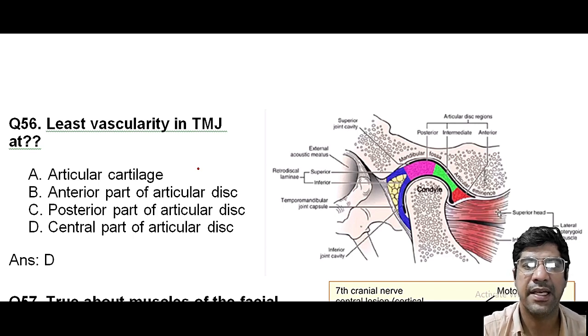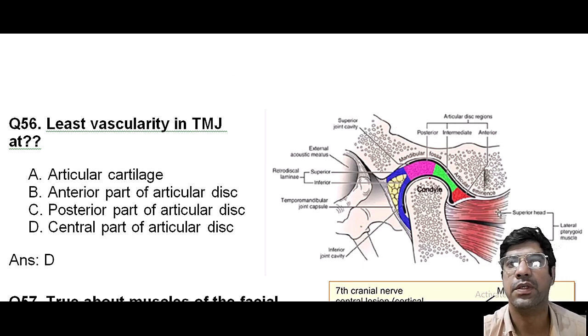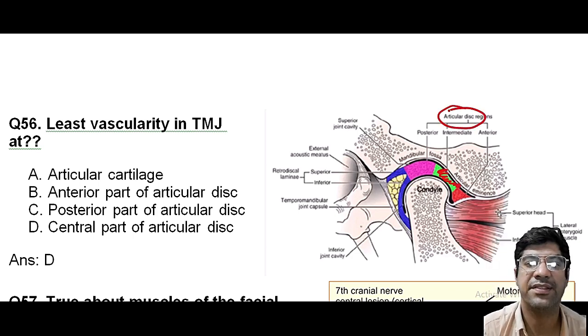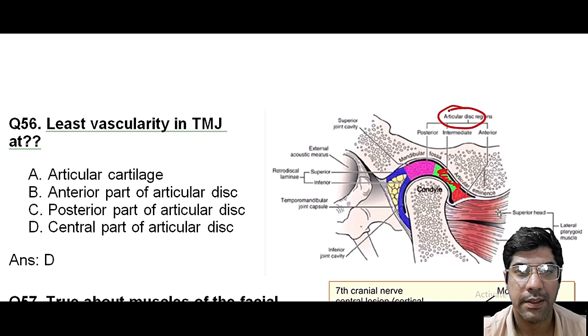In the TMJ, there is an articular disc that separates the two bones. This articular disc is avascular in the central region, meaning it has very few blood vessels or is devoid of blood vessels. This is referred to as the avascular zone. The lack of blood vessels in the central area of the articular disc is one of the main reasons the healing capacity of the TMJ is limited compared to other joints in the body.